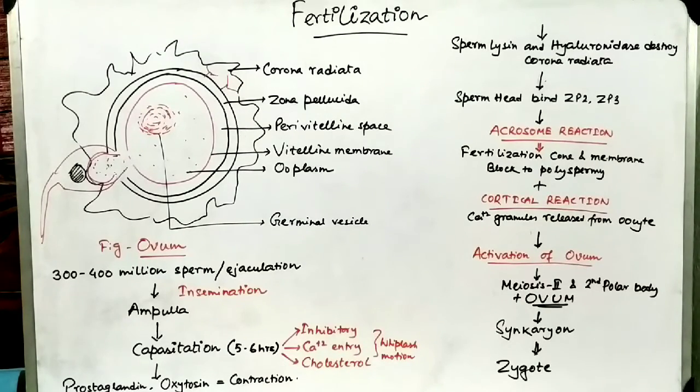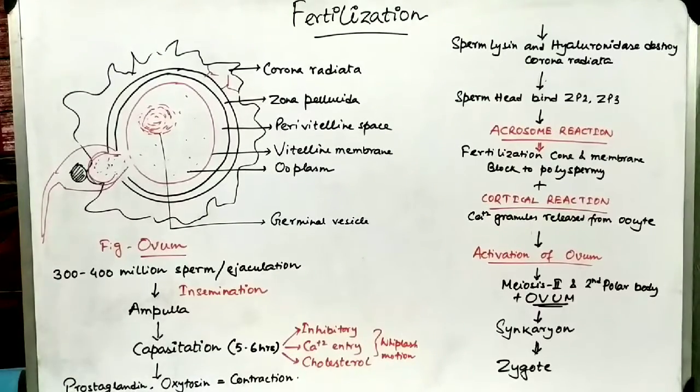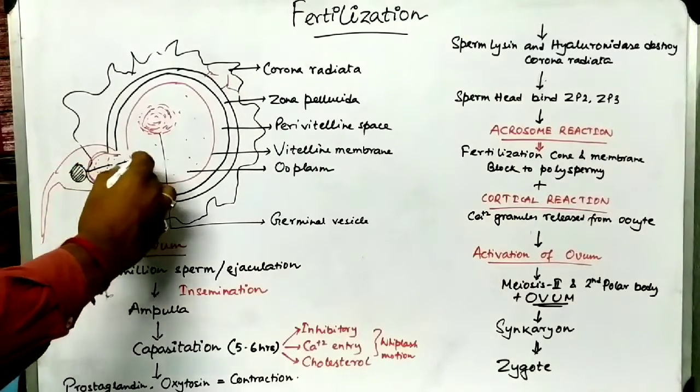When the second polar body is released, we can say it is the ovum. From oocyte it has matured into ovum, and now the male pronucleus is inside the female body.